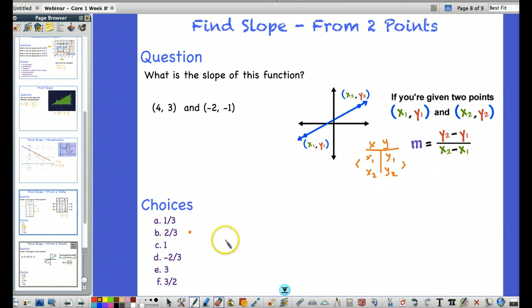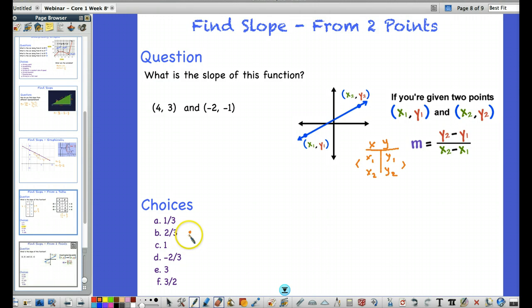Well, do you see a choice that would make that be the right answer?